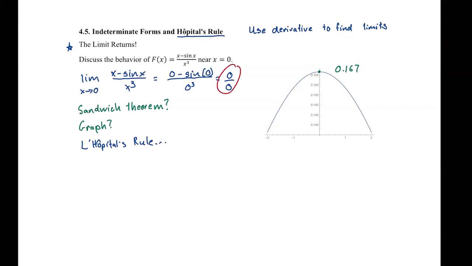We need to make sure we have something like 0 over 0 or some other indeterminate form. We'll look at other types of indeterminate forms as we go through the examples. Let's see how L'Hôpital's rule works. It works because we have a limit in indeterminate form. 0 over 0 is indeterminate.